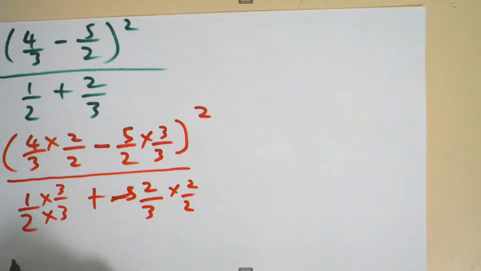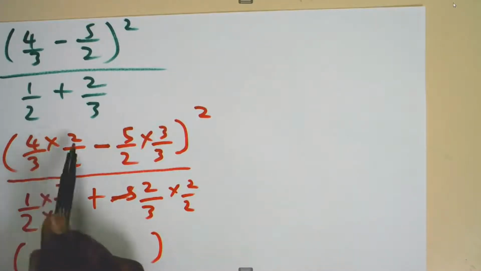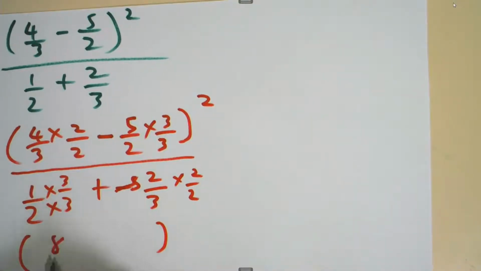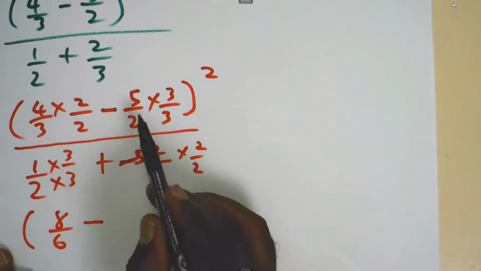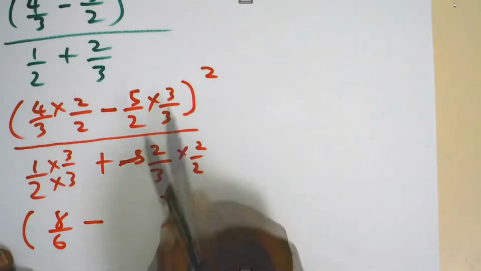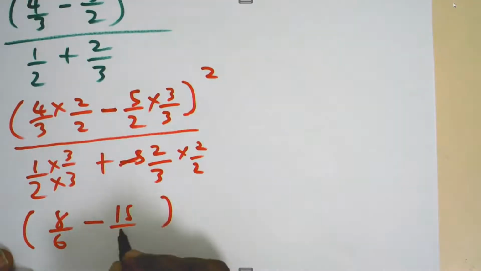Going on top, 4 by 2 is 8 over 6, minus 5 by 3, which is 15, also over 6.